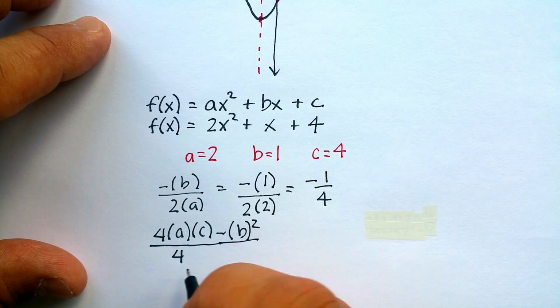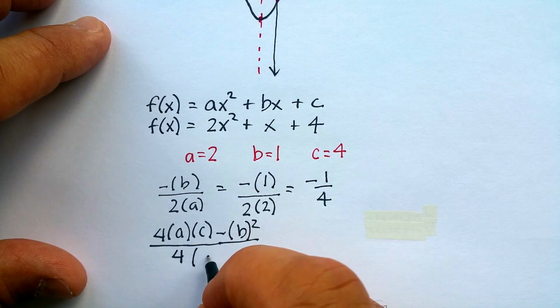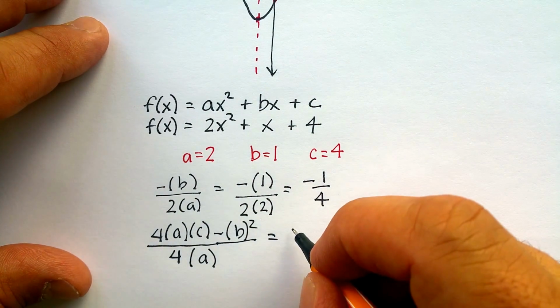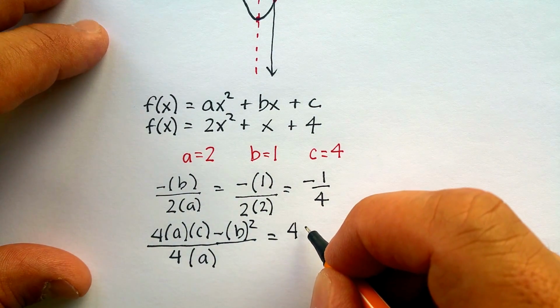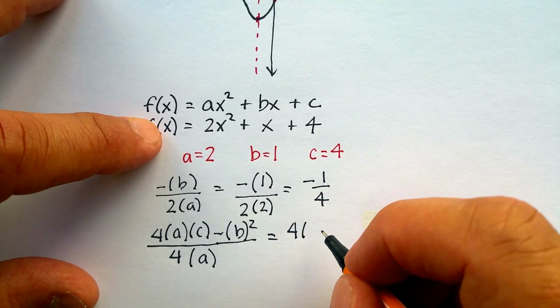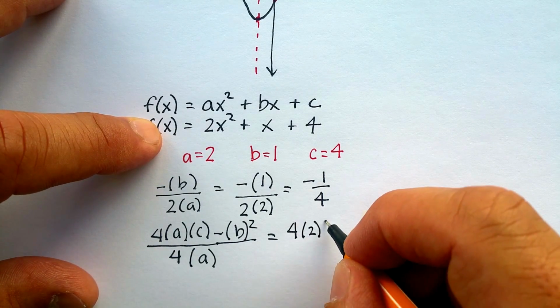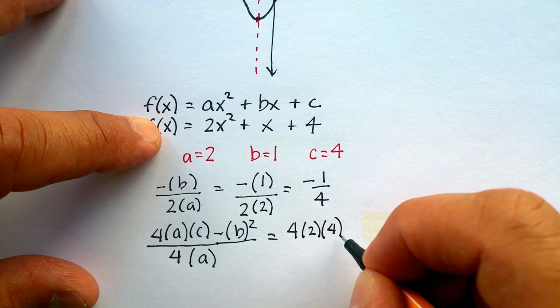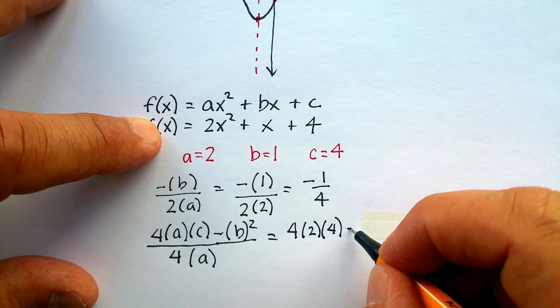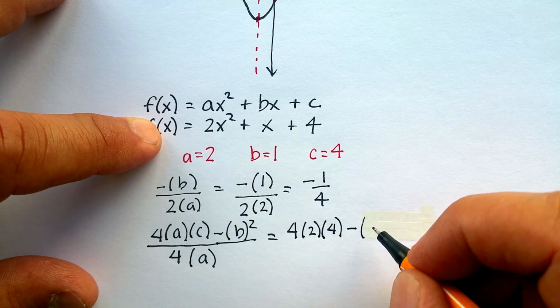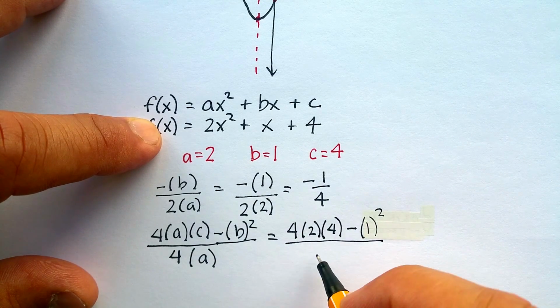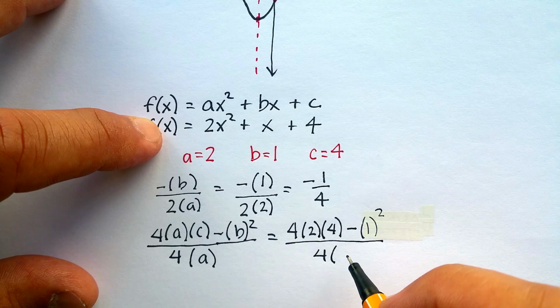Let's put our numbers in. 4 times the a we know is 2, times the c we know is 4, so 4ac, minus b, which is 1, quantity squared, over 4 times a, which again we know is 2.